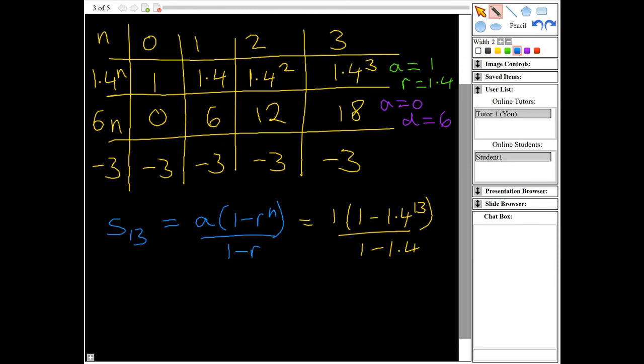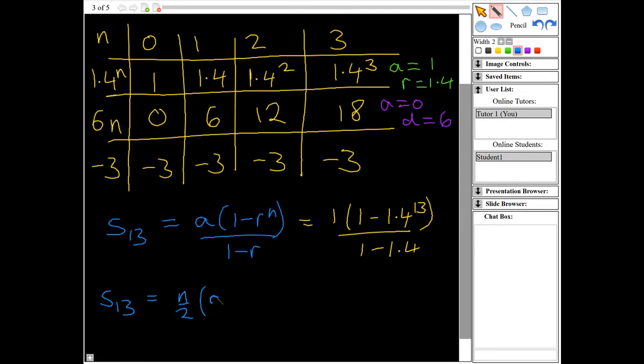Then for the arithmetic one, the sum of 13 terms in the arithmetic series is n over 2 times 2a plus n minus 1 times d. So that is going to be 13 over 2, then 2 times 0, so I can drop that bit out.